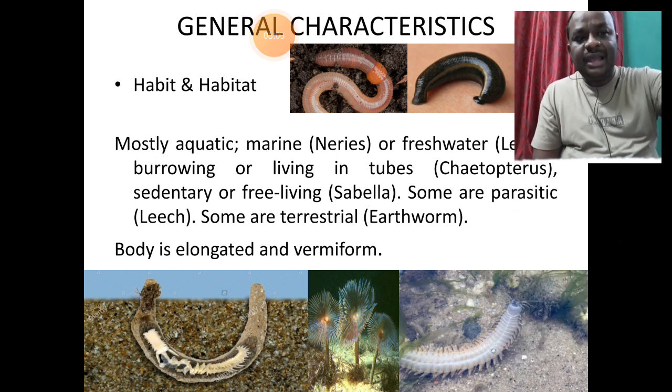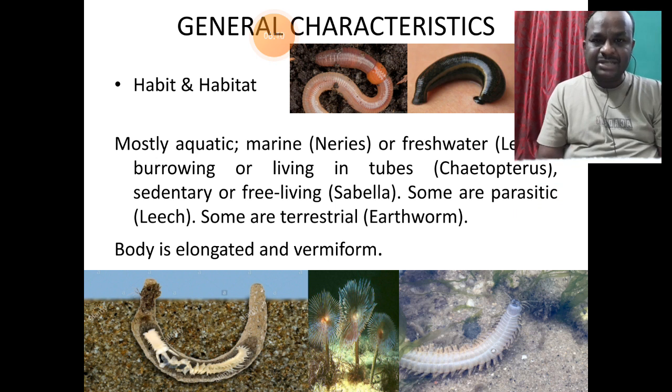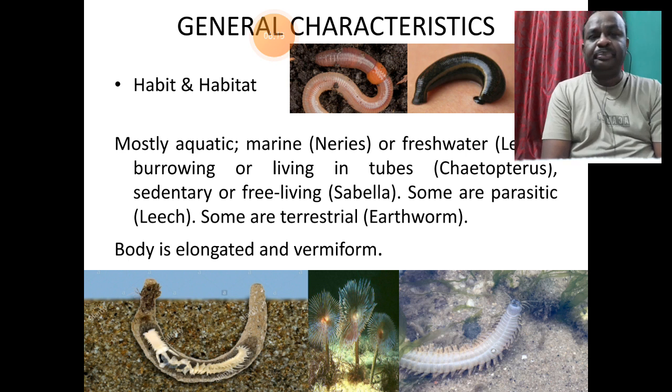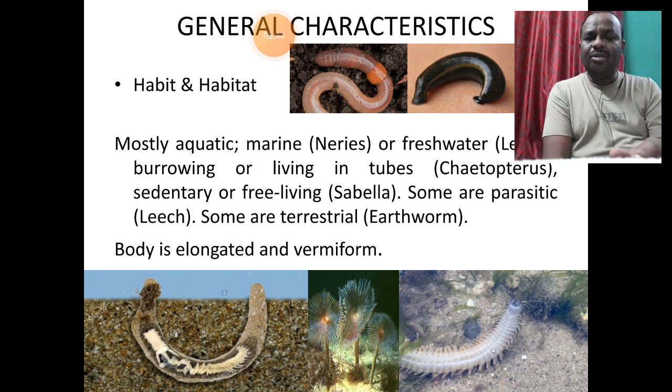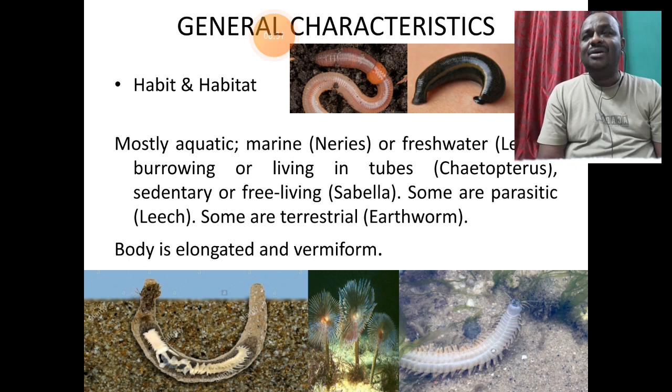And down in this slide, from the left is Chaetopteris, which is burrowing in a U-shaped tube in the sea. Then at the center is an organism called Sabella, showing free living and sedentary life. And remember, the sedentation of this organism is not permanent. Then towards the right side we have the organism Nereis.